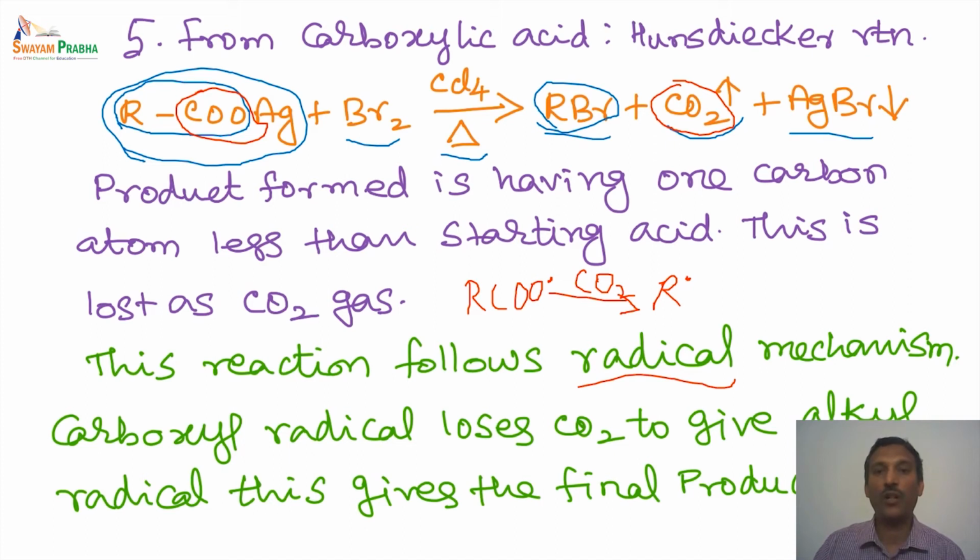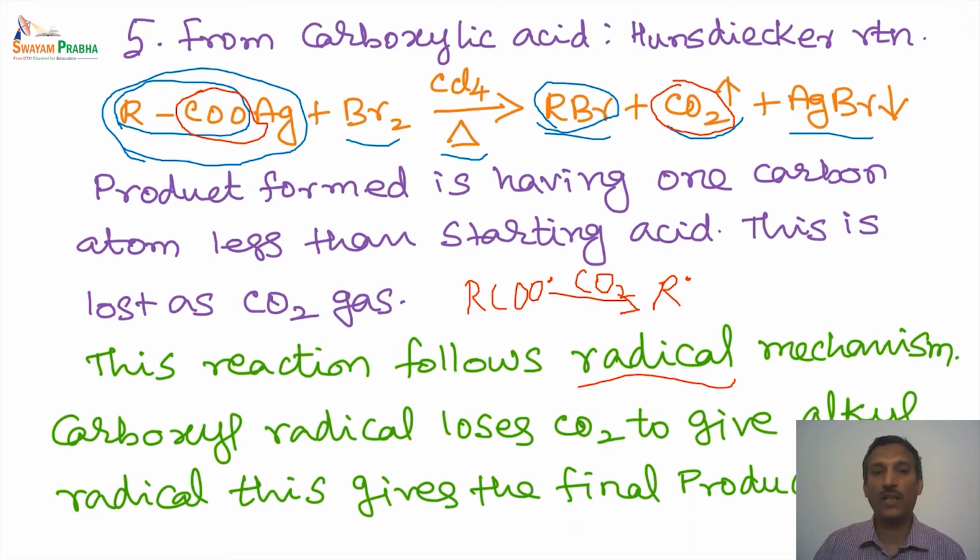When R dot is formed, it reacts with bromine to give RBr as the final product, and that also produces another bromine radical. So this reaction goes like a chain reaction, and two molecules of R dot can also combine to give the dialkyl derivative, that is, an alkane can also be formed.